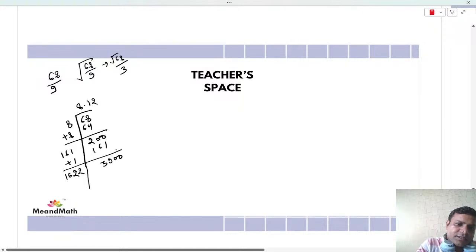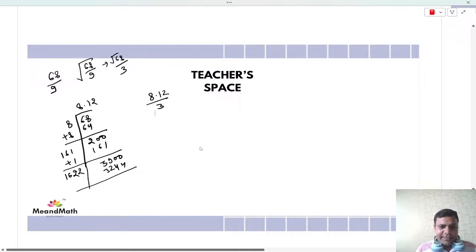Okay, 2 4s are 8, 4 4s are 32, so it's 8.12. So 8.12 upon 3, you can divide 8.12 upon 3.